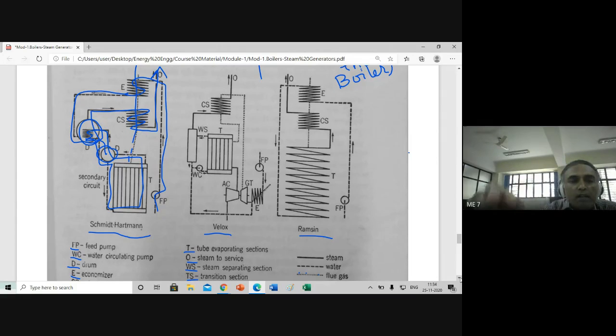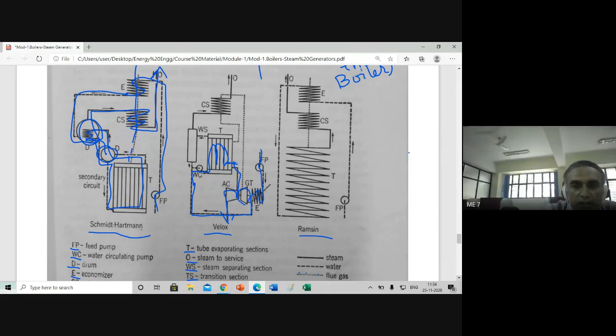Okay. Now coming to the Velox boiler. In the Velox boiler, water is taken from the feed pump to the economizer, then sent to the water collecting section, then passed through this, and sent to the air compressor, and from there it goes out.